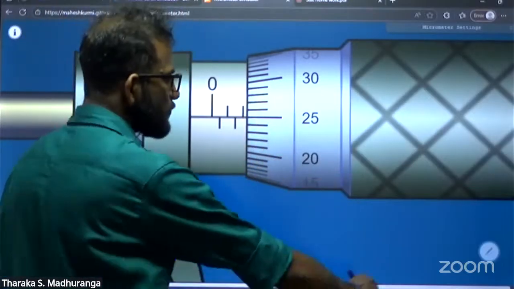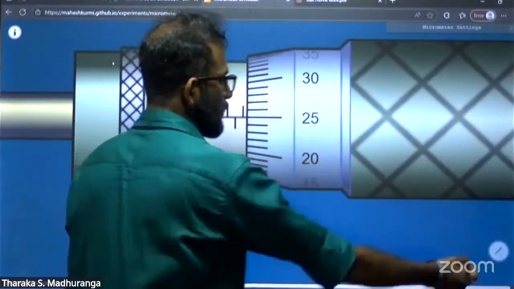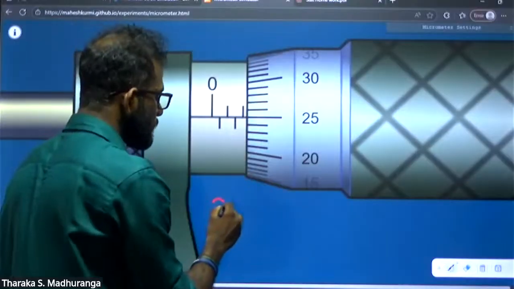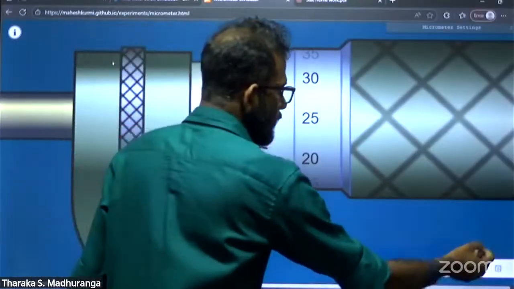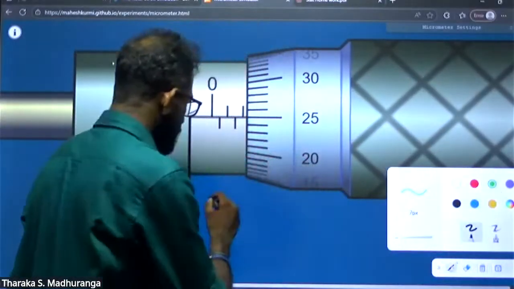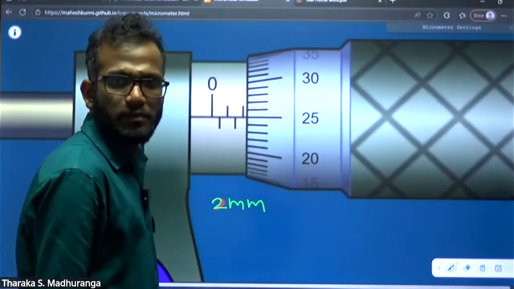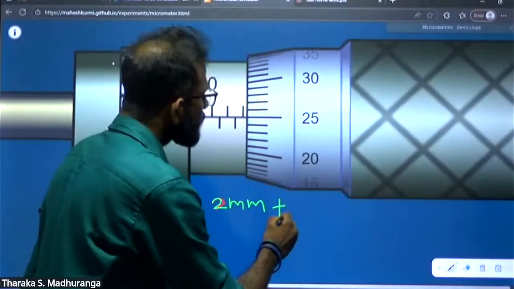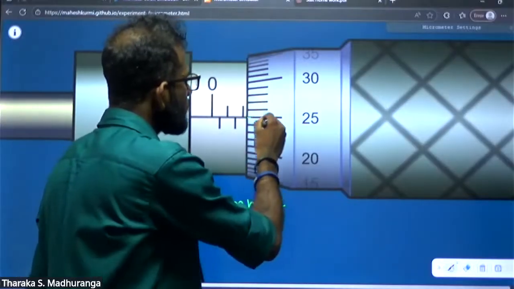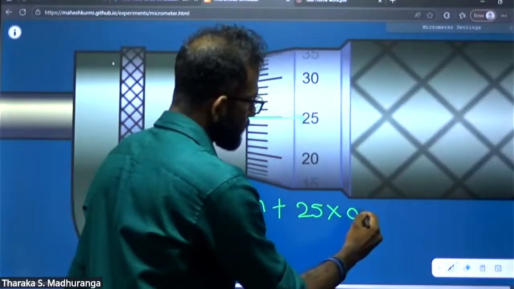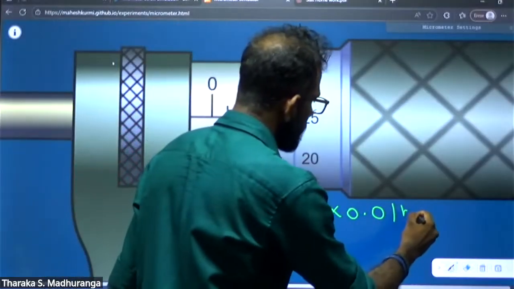Then how do we get this value? First, the linear scale value. The final value of the linear scale is 2 millimeter. Then plus the coincide value, which is 25. 25 multiplied by 0.01 millimeter.